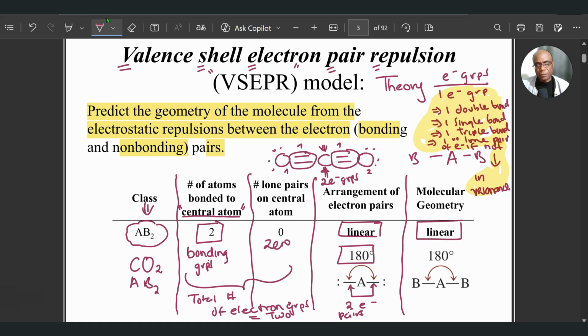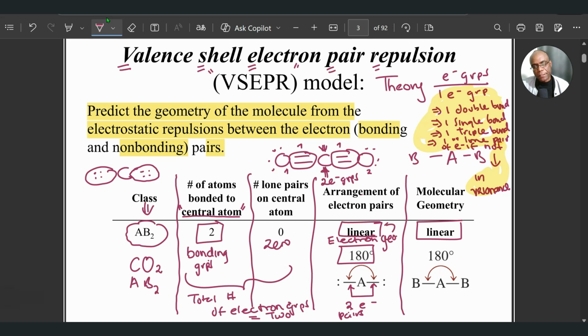The molecular shape is going to be linear. Electronic shape is dictated by the bonding electron groups, the electrons in the bonds and the lone pairs. So these are the only two clouds of electrons I have in the two double bonds. So two electron groups will dictate electronic geometry.